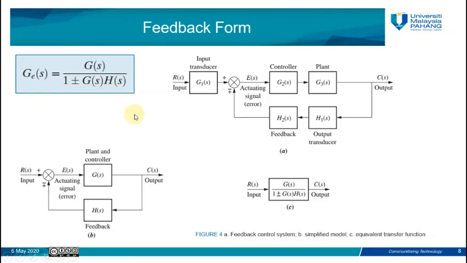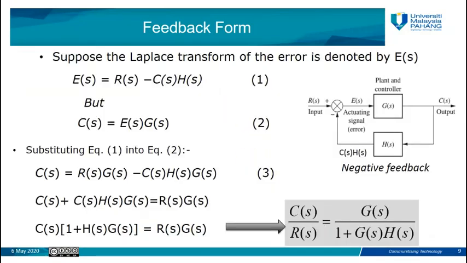The derivation for the equivalent transfer function of the negative feedback system is explained in this slide. You can see the negative feedback control system block diagram is represented here with the transfer function and the feedback function.